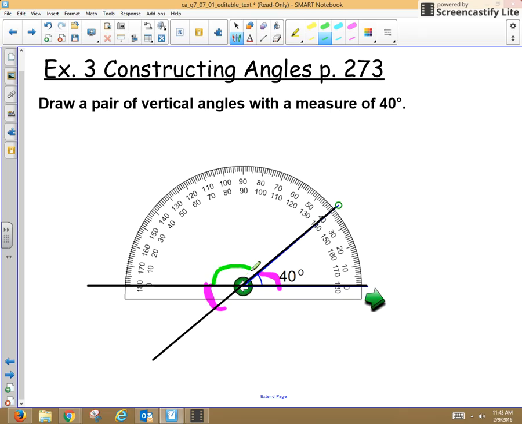So this side must be an obtuse angle that's 140 degrees. Let me write with a different pen. 140 degrees is an obtuse angle. If this side is 140, the opposite is a vertical angle, so this side has to be 140. If you added all of those up, you'd get 360 degrees, which forms that circle there.